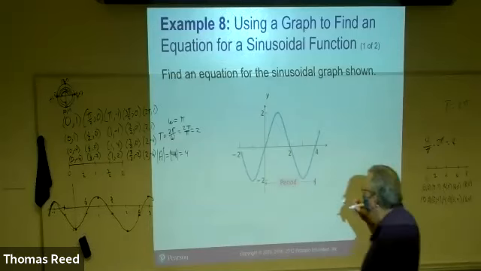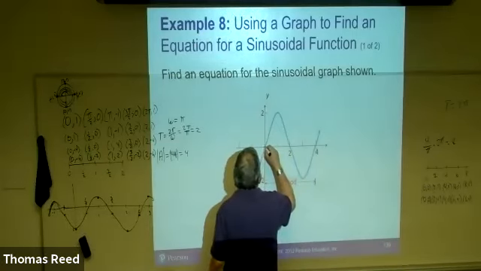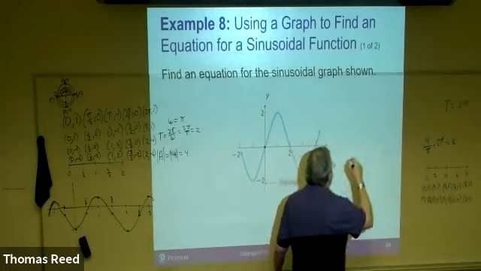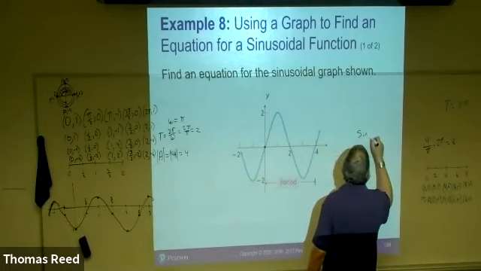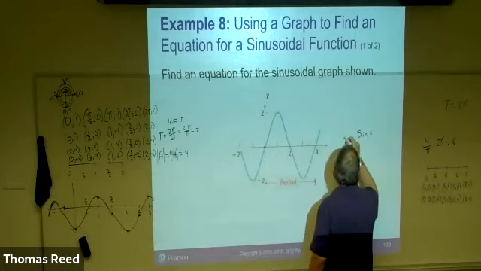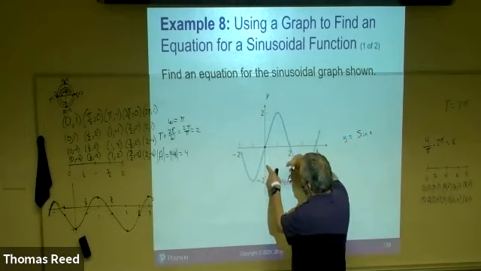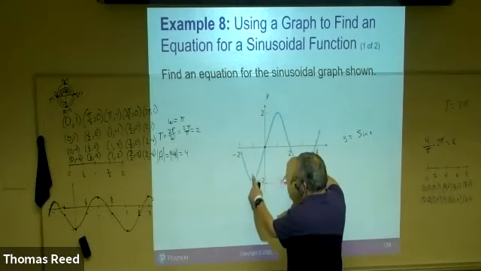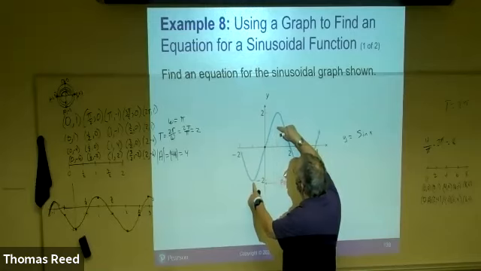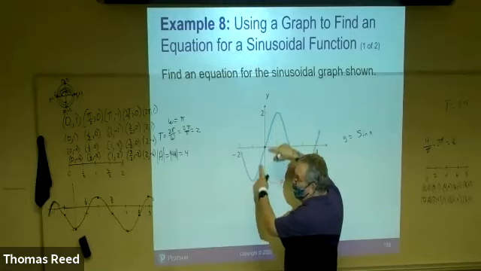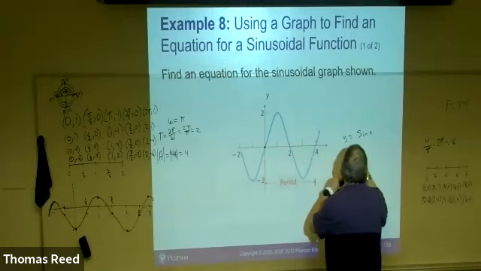It goes through 0, 0. So I'm going to say this is sine of X. But it doesn't go down to -1, it goes down to -2, and it doesn't go up to 1, it goes up to 2. So I'm just multiplying by 2. So now it's going to be 2 times sine of X.